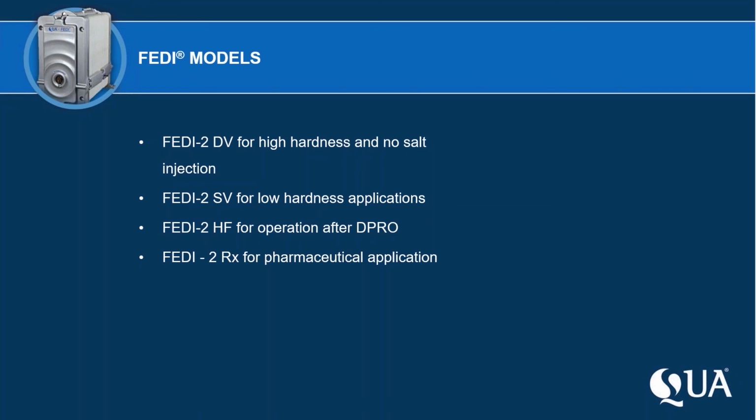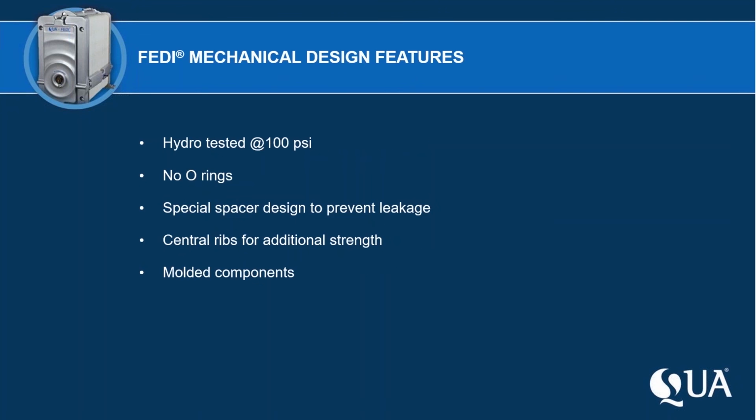However, they run at lower recovery modes, and we'll show the recovery in a minute. I'll get to the specs on it. And then we have an RX for pharmaceutical applications, where we have heat sanitizable EDI, very popular in the pharmaceutical industry. The FDA likes to use heat to sanitize and kill bacteria. So heat sanitization is very popular in the pharmaceutical world.